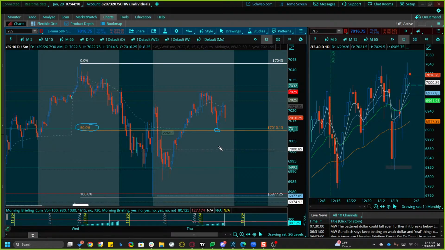So we need to cut through that, which is basically the 7011 cog line. If we can get through the 7011, then it opens the door lower to the 92 cog. Get below that, and we can challenge the low of yesterday, level by level by level.